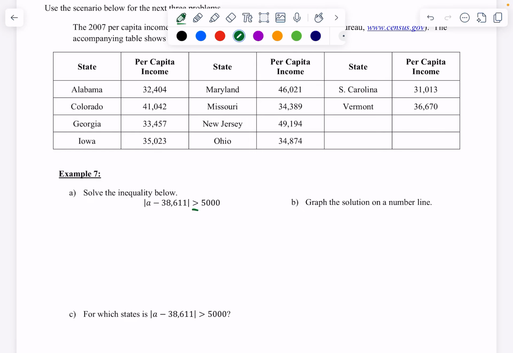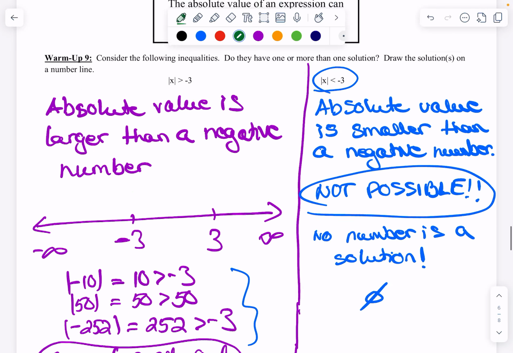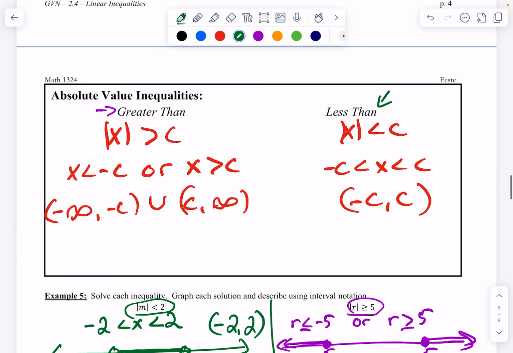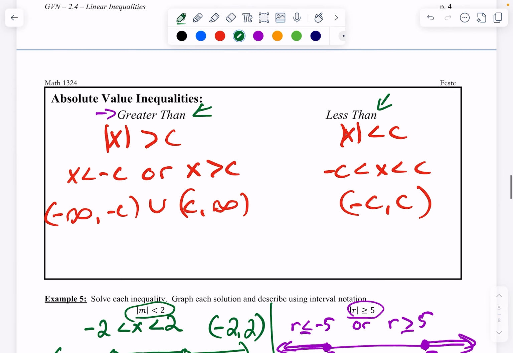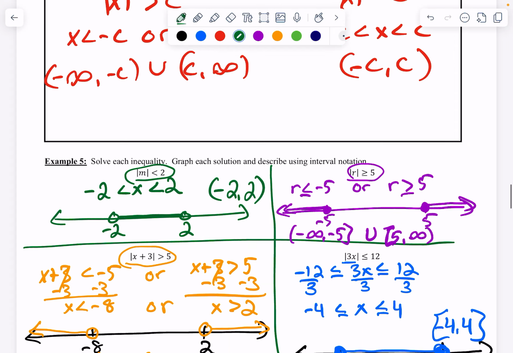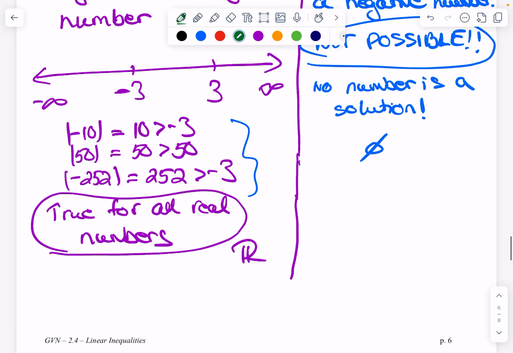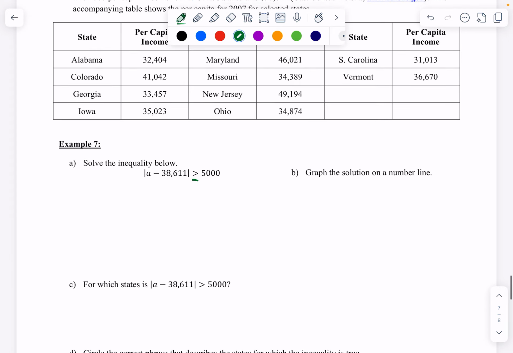So remember how we did this: greater than, we have the two that spread out. So it is less than the negative number or it is greater than the positive number.